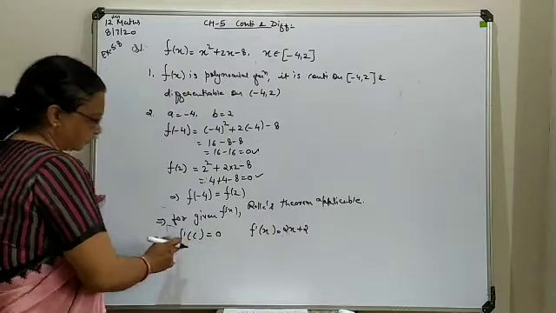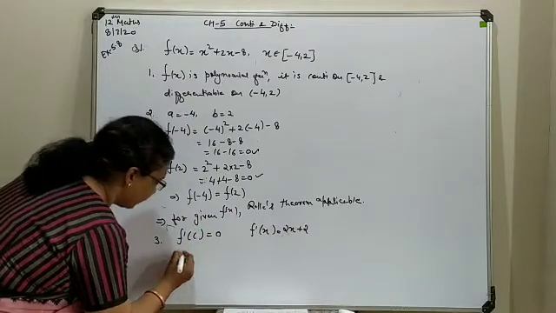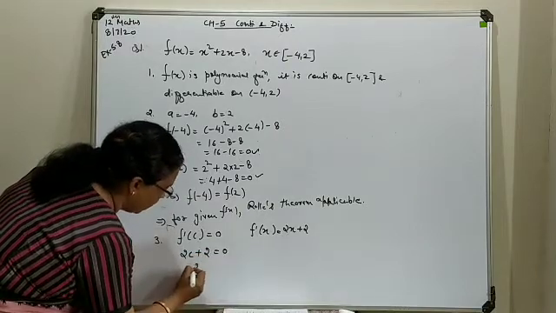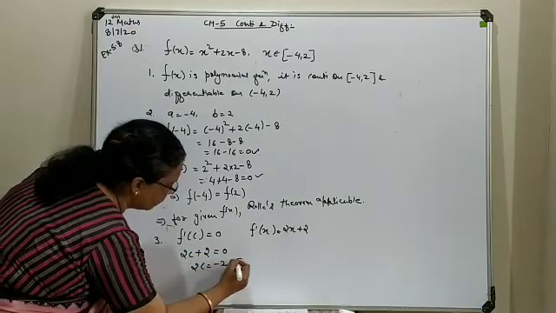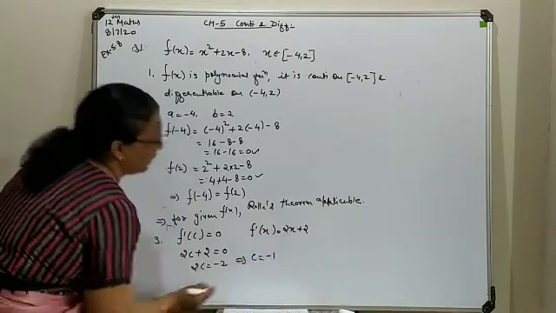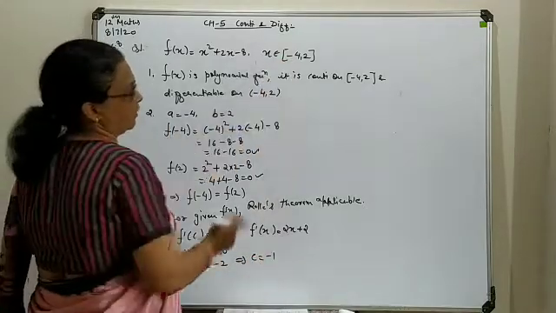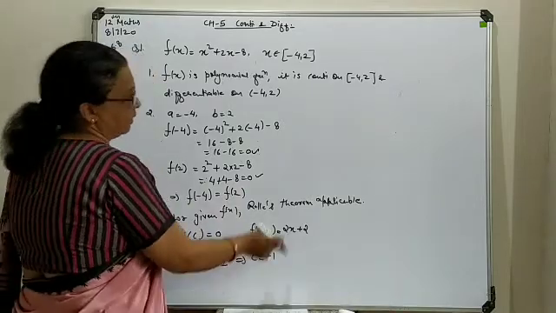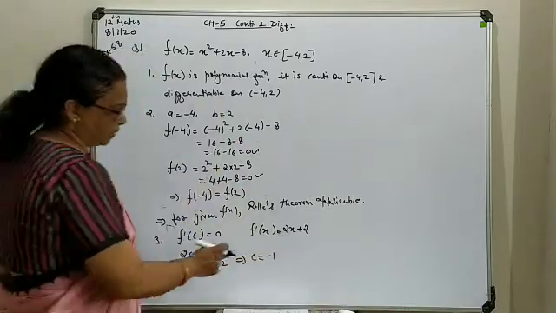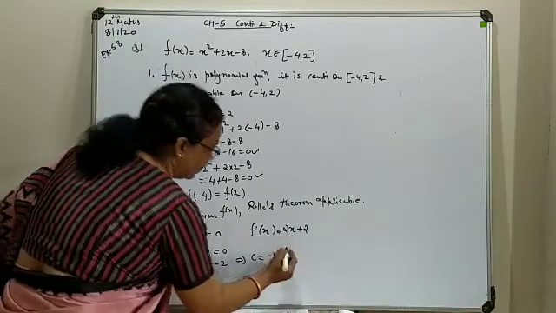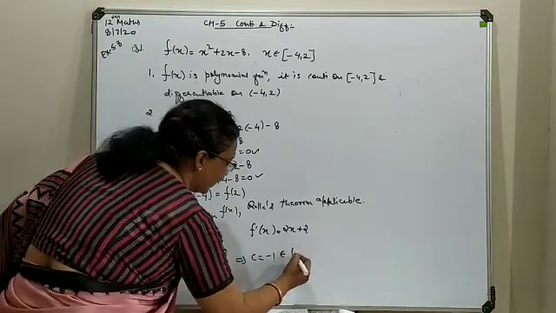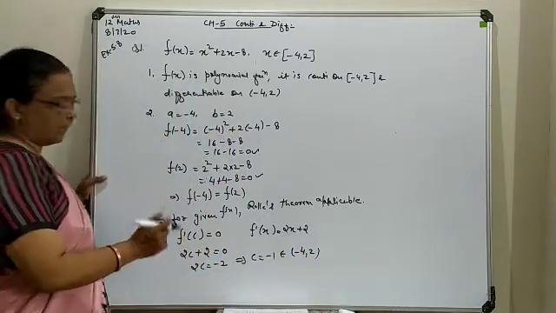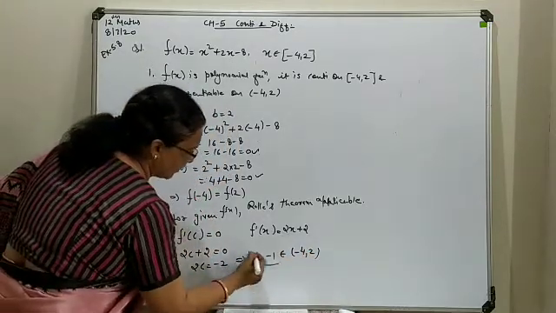Now writing in terms of c, that is 2c plus 2 equals 0. Twice c is -2, which means c is -1. If you look at the open interval -4 to 2, this -1 lies in between this range. So this -1 you can select as the final answer.